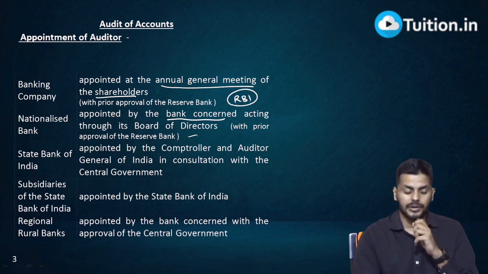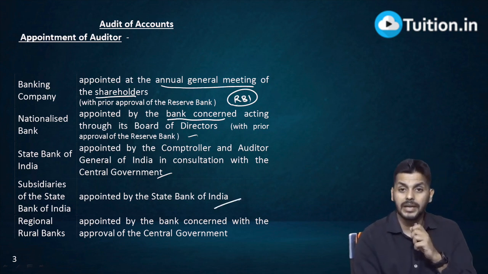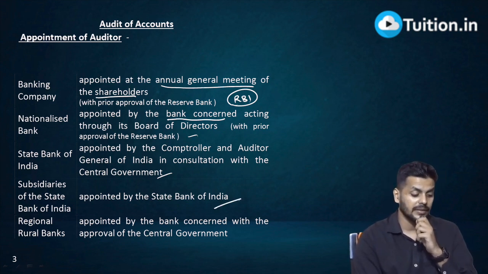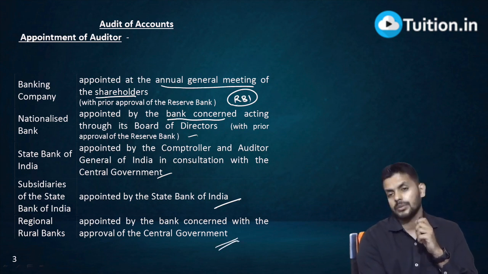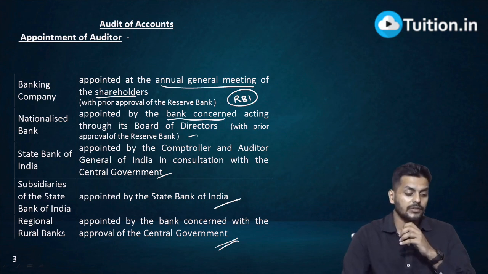The auditor of SBI is appointed by the CAG of India in consultation with the central government. Subsidiaries of SBI are appointed by SBI. And then another point, RRBs: appointment by the bank concerned, which is again through their board. So these are all the points that one needs to consider in terms of appointment of auditor.